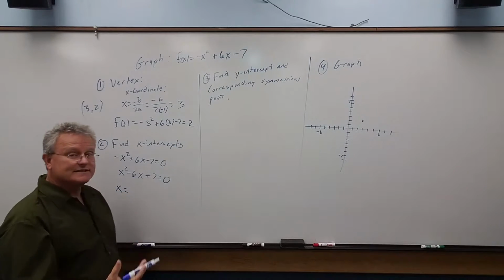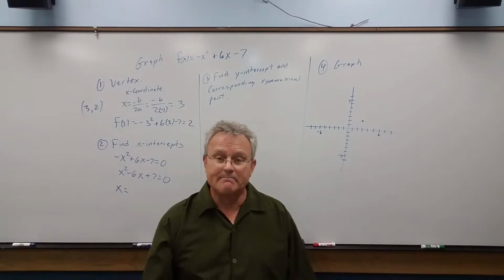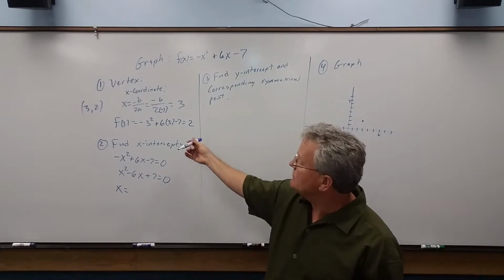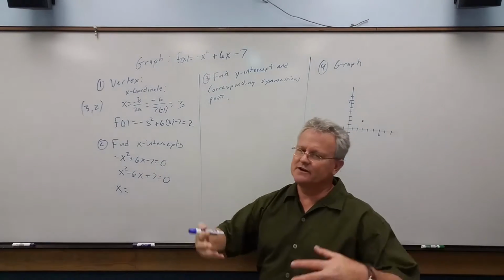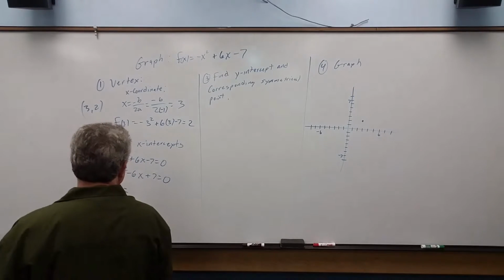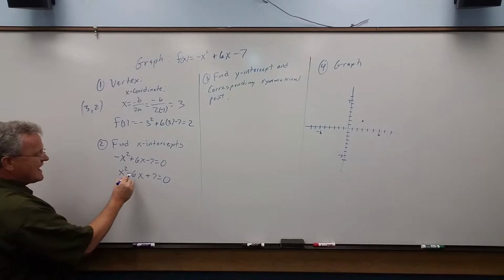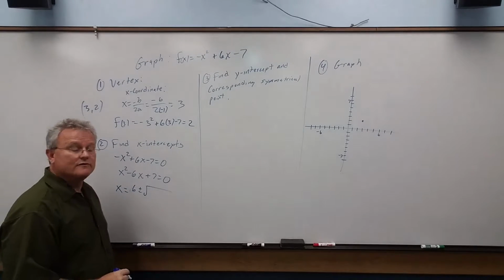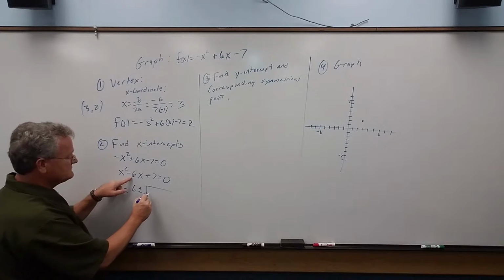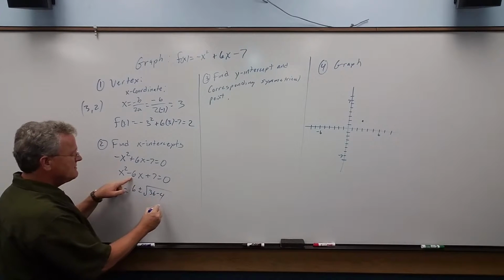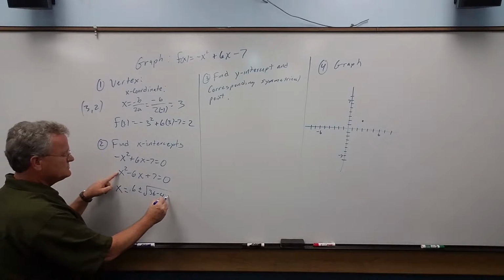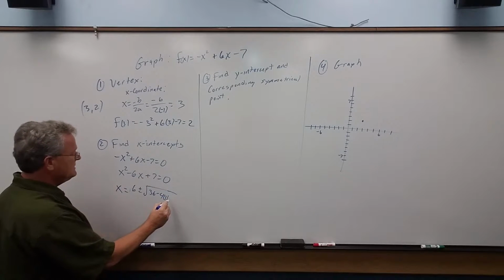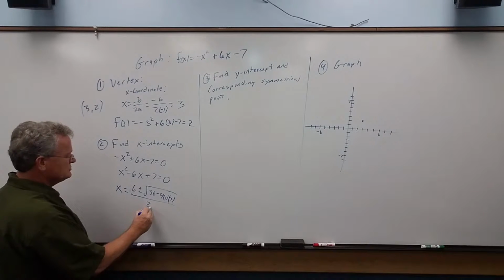Like I said, this is kind of nice because we're putting together everything we've learned about quadratics. So x is equal to the opposite of negative 6, which is 6, plus and minus the square root of b squared, negative 6 squared is 36, minus 4 times a, which is 1, times c, which is 7, over 2 times a.